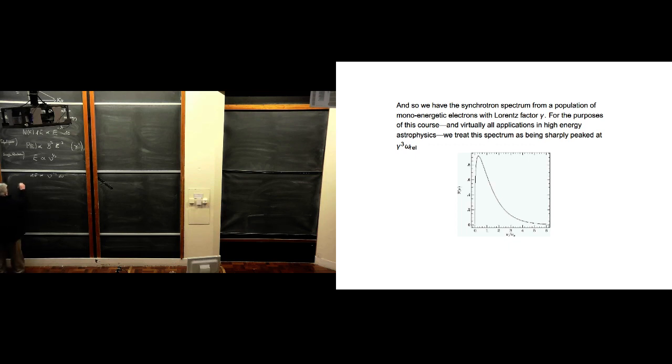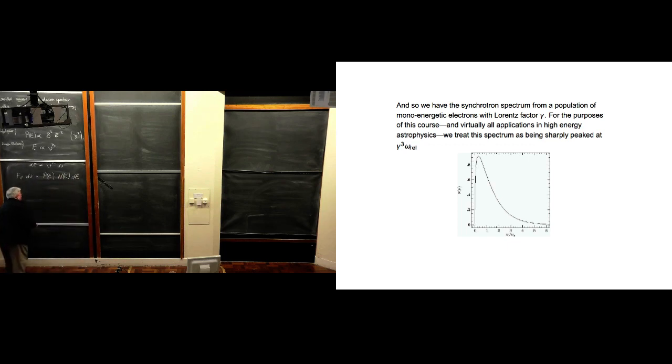Well, F_nu dnu will be the power emitted by a single electron times the number density of the electrons as a function of energy, dE, where there are going to be two corresponding limits.